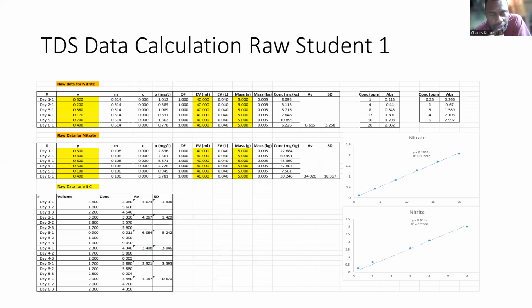For student 1, the same table as for student 2 is shown, but the calculation of absorbance is also given, and that's where the graph comes from. The data on these 2 tables gives us an indication of how we draw the graph, with the blue dots as shown on the graph.